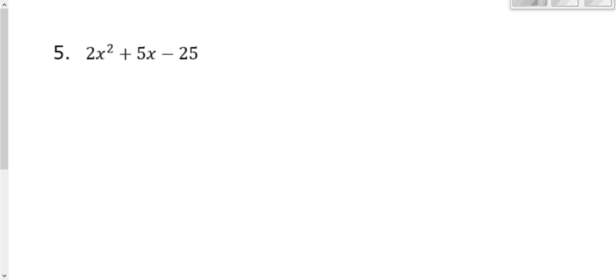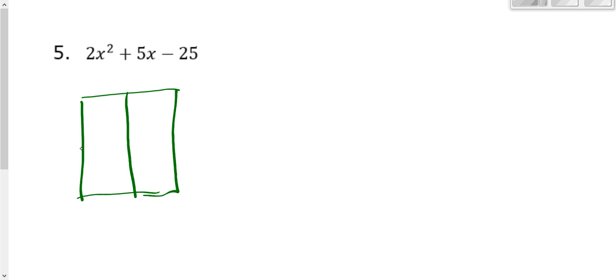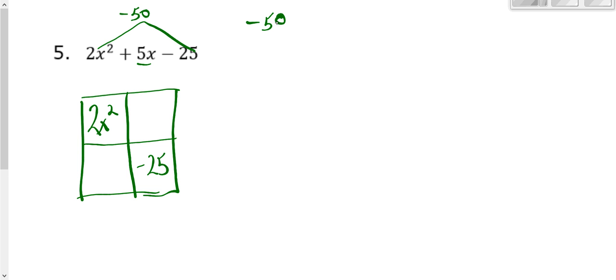Okay, number 5, 2x squared plus 5x minus 25. I don't see any greatest common factors, so I'm going to go ahead and start factoring. 2x squared will need to be placed here and negative 25. So I'm looking for two numbers that multiply to give me negative 50 and add to give me 5x. So let's find our numbers that multiply to give me negative 50.